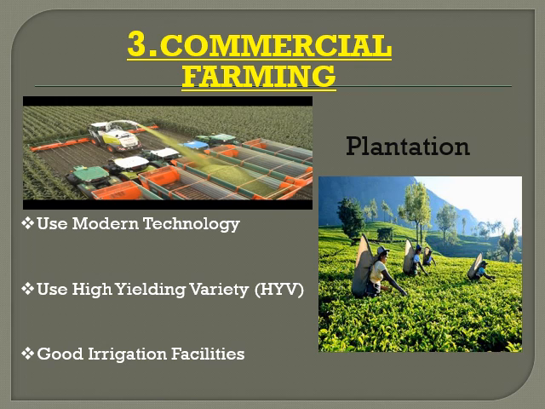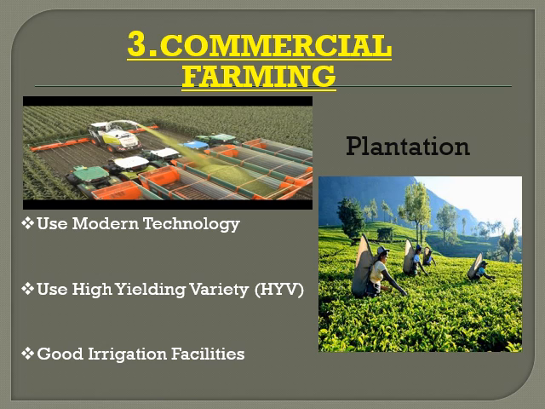Students, the agricultural practice on a large scale by using modern technology to earn good income from agriculture is called commercial farming. The main characteristics of this type of farming are large land holdings and use of a high level of inputs, high yielding variety, that means HYV seeds.